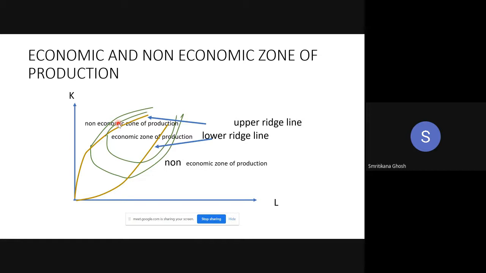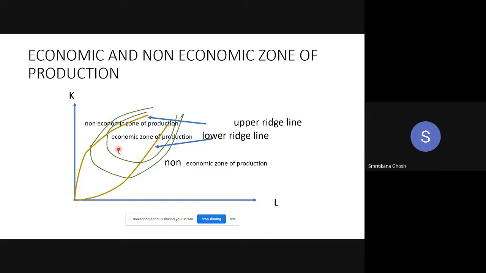Again, producers are not interested to produce in this region in the long run. So these two yellow lines are dividing the area where producers are interested to be from the area where producers are not interested to be. Do you understand the importance of these yellow lines?